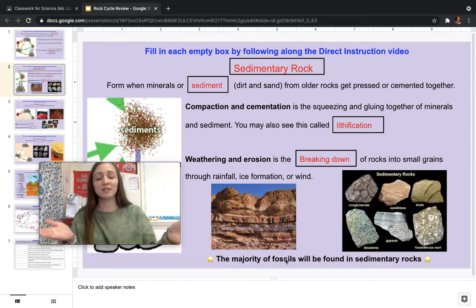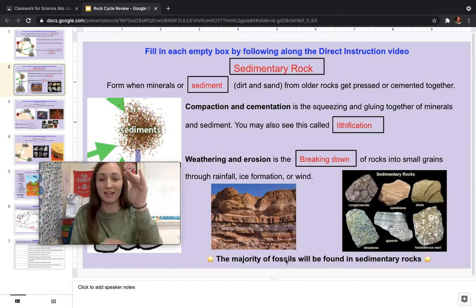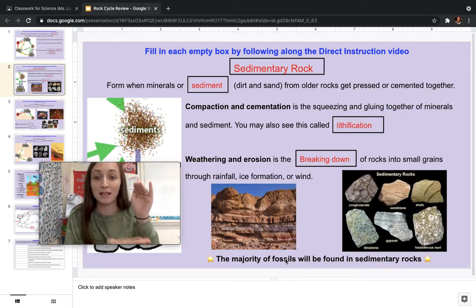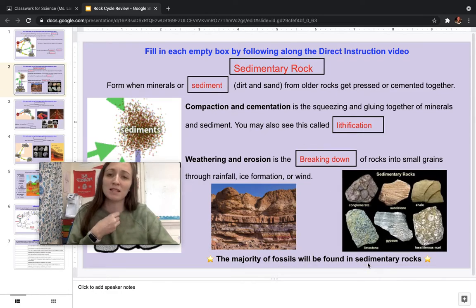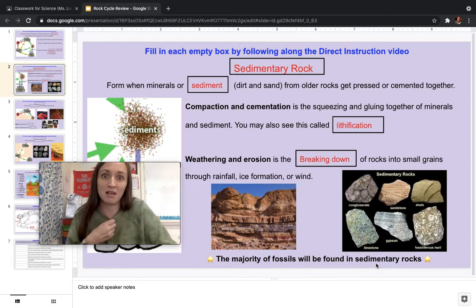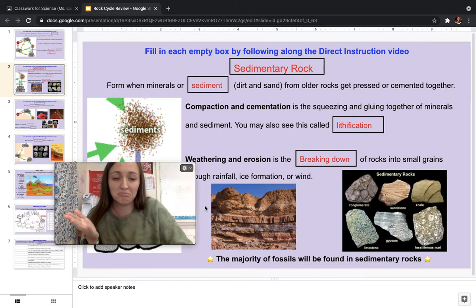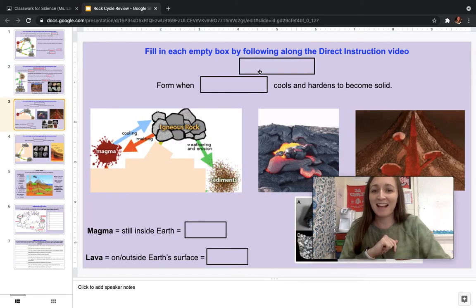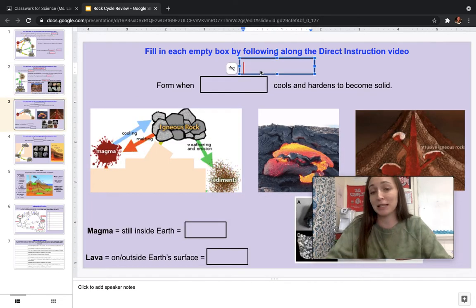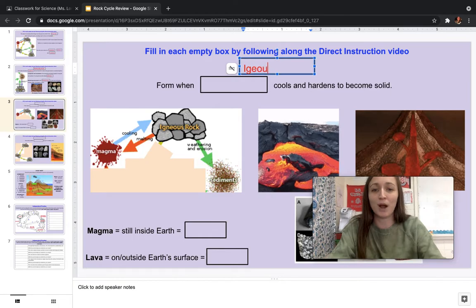So think about the sediment covering over top of this fossil, and eventually that fossil gets in the middle of that rock when it goes through that compaction and cementation. So if you're ever asked, where's a fossil? It's going to be in sedimentary rock because that's where they get buried. Pretty easy.